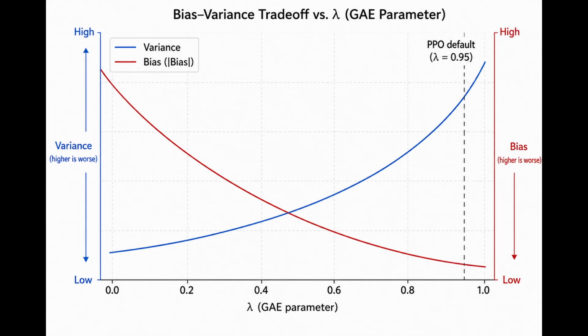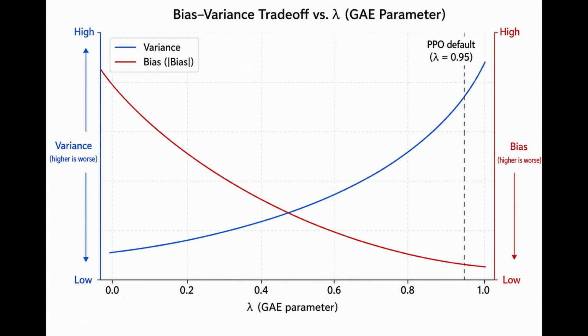This is still an unbiased estimator, as long as b doesn't depend on the action, because E_θ[∇θ log πθ(a | s) b(s)] = 0. This can be shown by noting that E_a[∇θ log πθ(a | s)] = 0 for any policy.